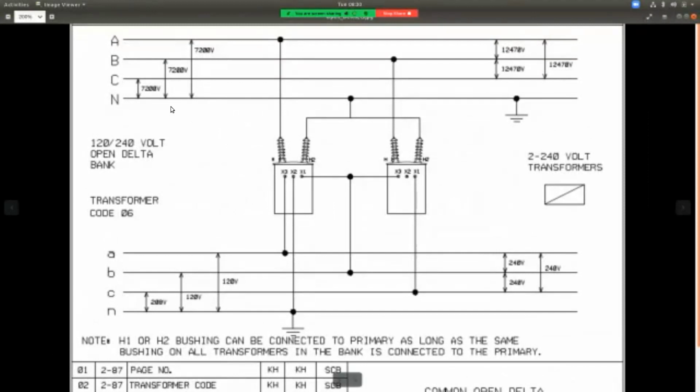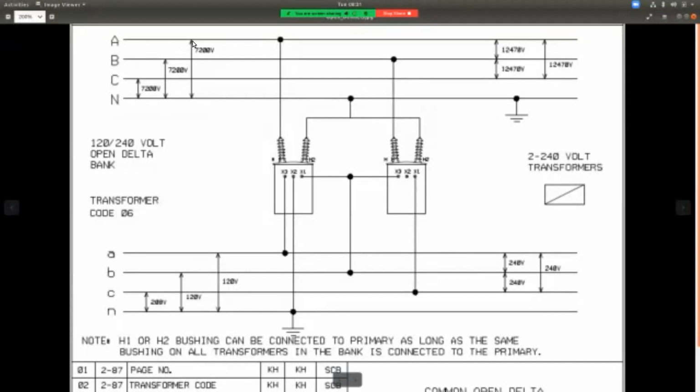Okay. So what they've done here is we went in and added the voltage values. So they're saying here, this is a 120, 240 volt open delta bank. Don't worry about transformer codes. That's different types. And I'm using two 240 volt transformers. That's 120, 240.